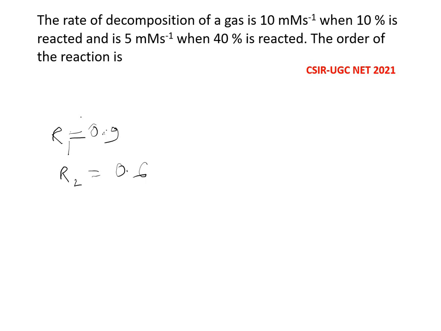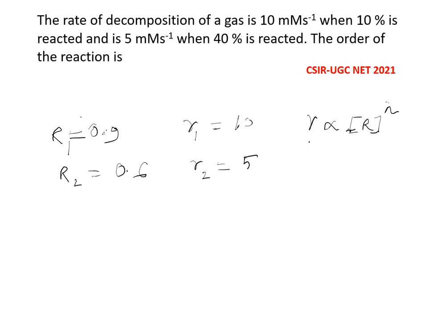The two different concentrations have the corresponding rates R1 and R2 that are given as 10 and 5. Okay. Now what relation do we use? We can go in the order. So we can start from the general expression that r is proportional to C, where small r is rate and capital C is the concentration.